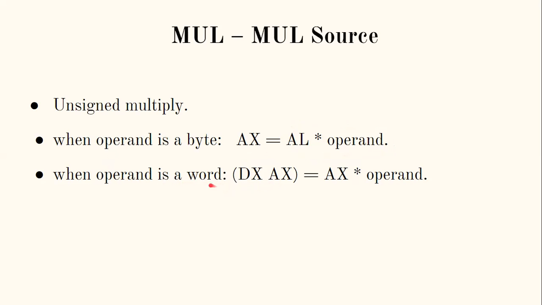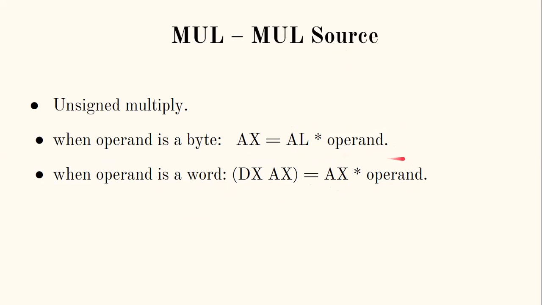Similarly, when we want to multiply two 16-bit numbers, then AX must carry one operand of the multiplication, whereas the second operand will be specified in the instruction, again as an immediate number or the content of a register or the content of a memory location.